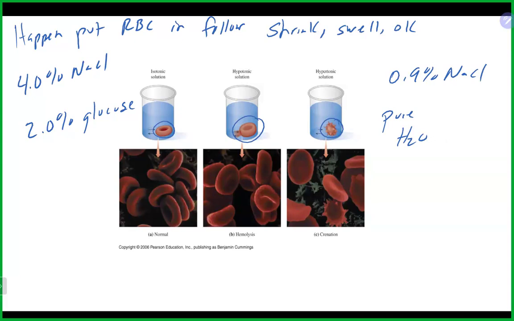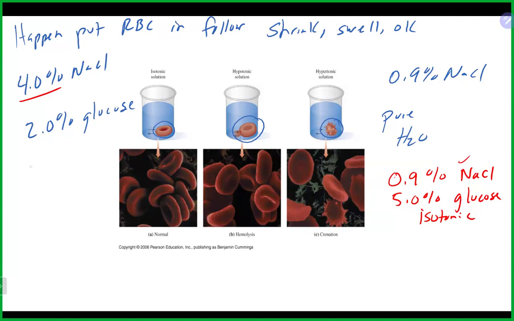Let's take a look. So remember when you're doing these, those two cutoffs are really important to remember: 0.9% saline or sodium chloride and 5% glucose. Again, these are considered isotonic. So here it is as simple as 4% sodium chloride is higher, right, than 0.9%. So that's going to make it a hypertonic solution.